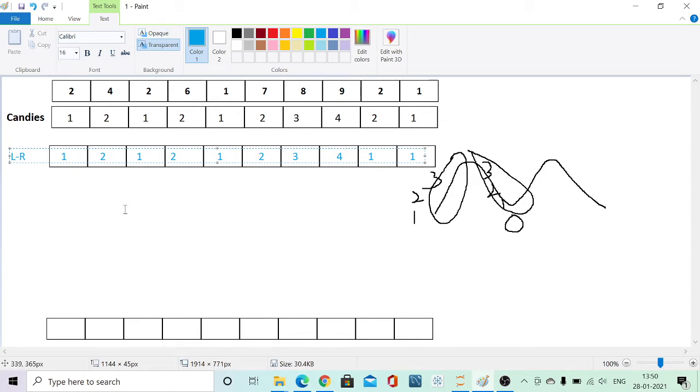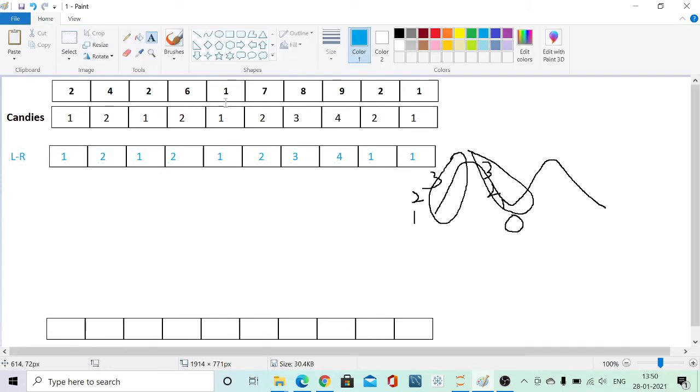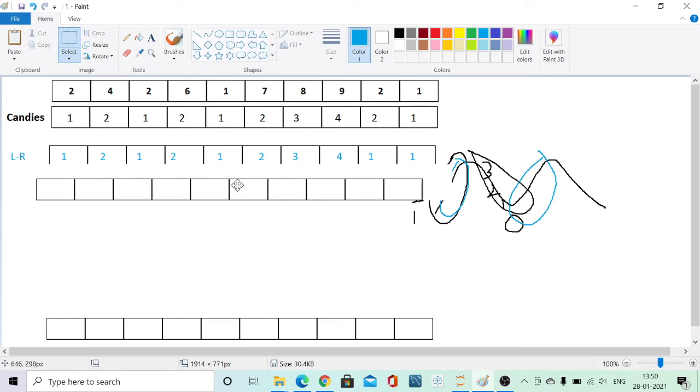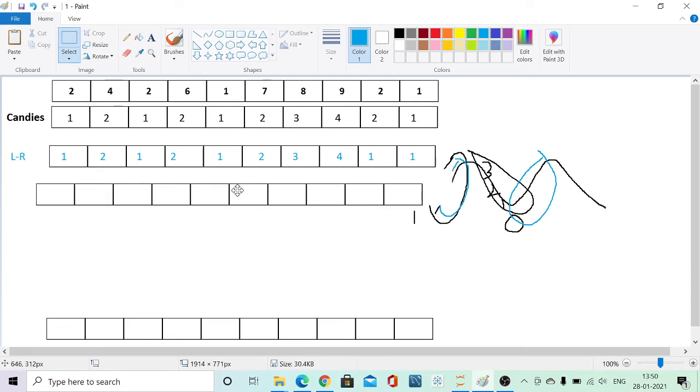So in this scenario, we are able to cover all the increasing slopes, and we have skipped these decreasing slopes. Now how can we fill the candies in these decreasing slopes? If we apply the same logic from right to left, let's apply the same logic from right to left.